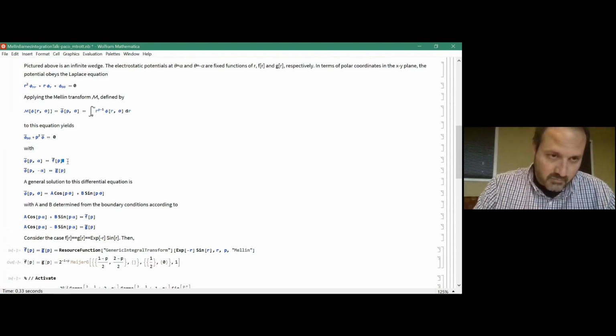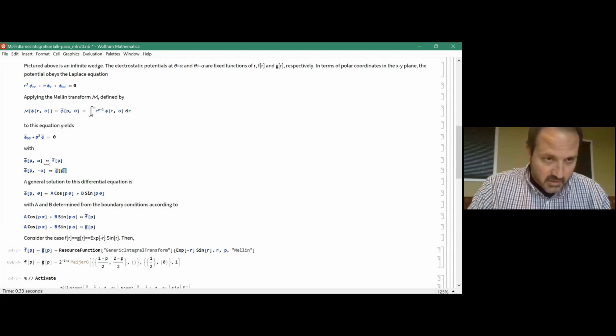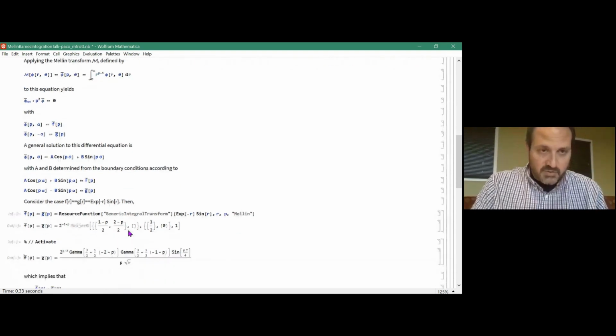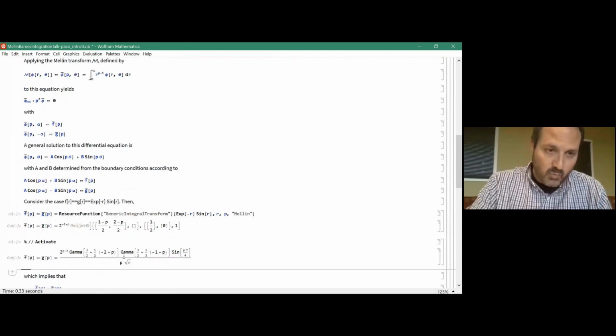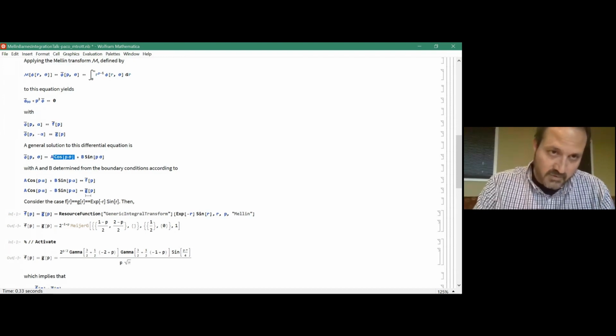The difficult part, though, is that our boundary conditions, if the problem is specified with some boundary conditions of the potential on the edges of the wedge, have to be also computed in the Mellin transformed world. In other words, to solve this practical problem, we can simplify some of the differential equation solving, but the exchange for that is that we need to know how to do a Mellin transform.